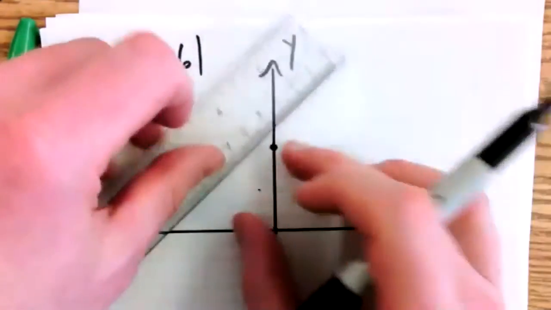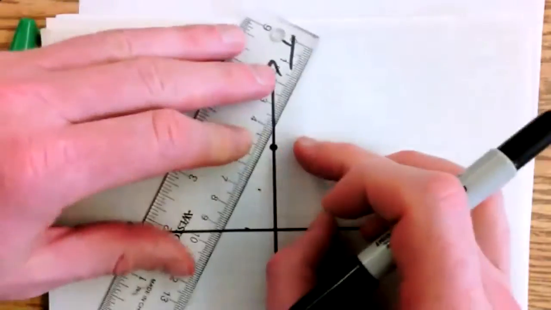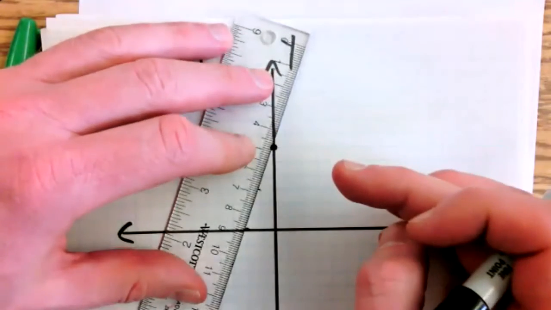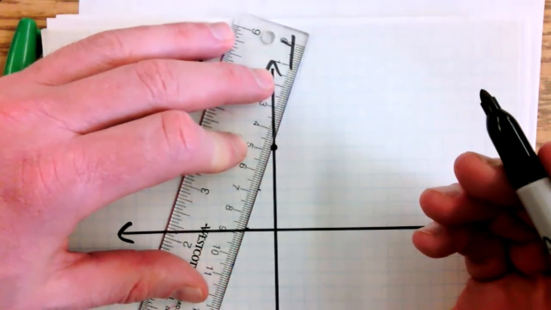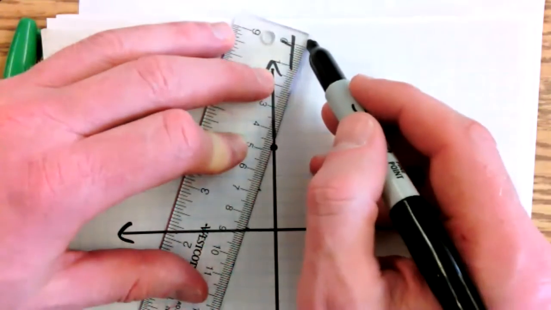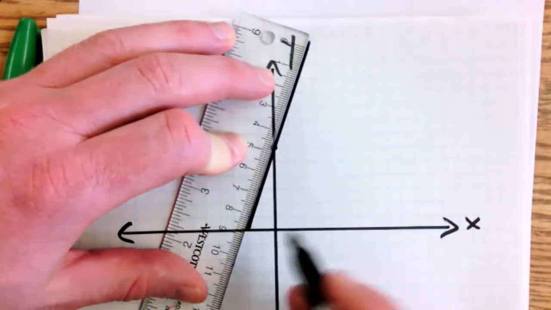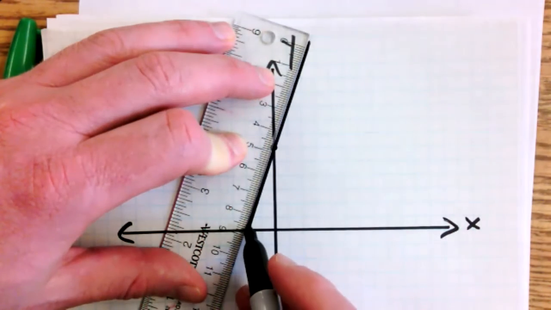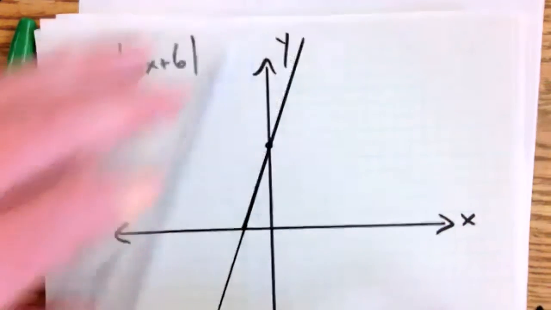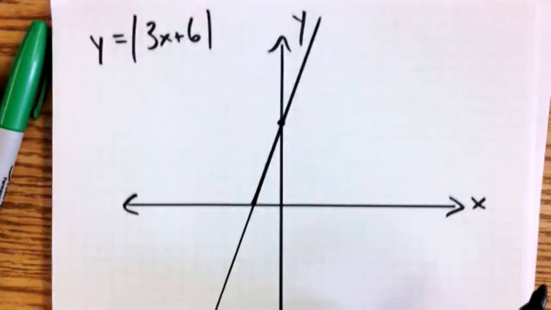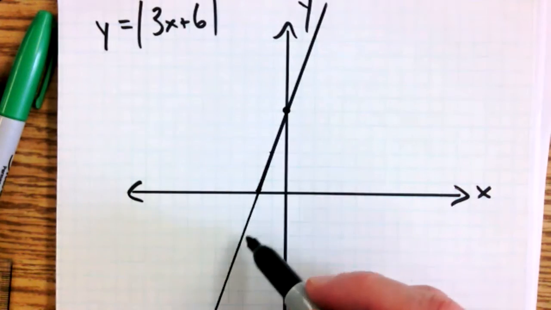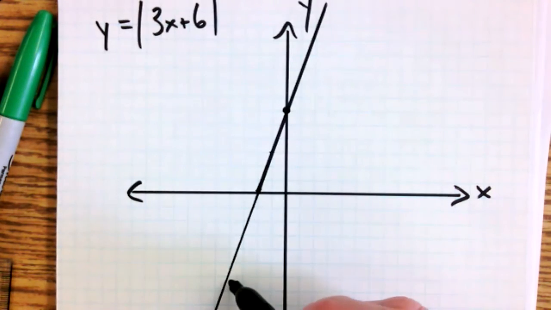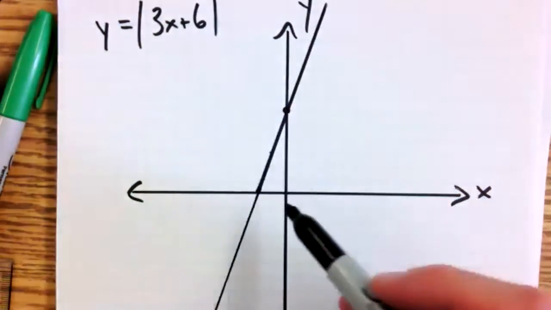It's absolute value, so I'm going to try and draw it a little fainter as I pass below the x-axis, just because it's this crazy marker. It's a hair thinner, but that's where it bounces off. So I can just pick a point somewhere along here and match it and then connect.